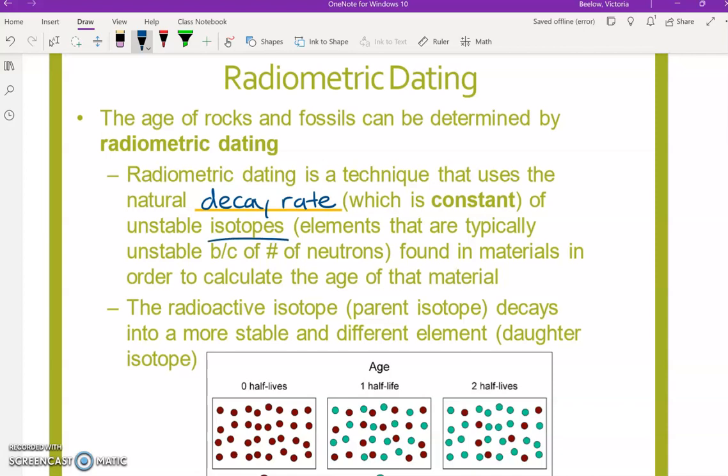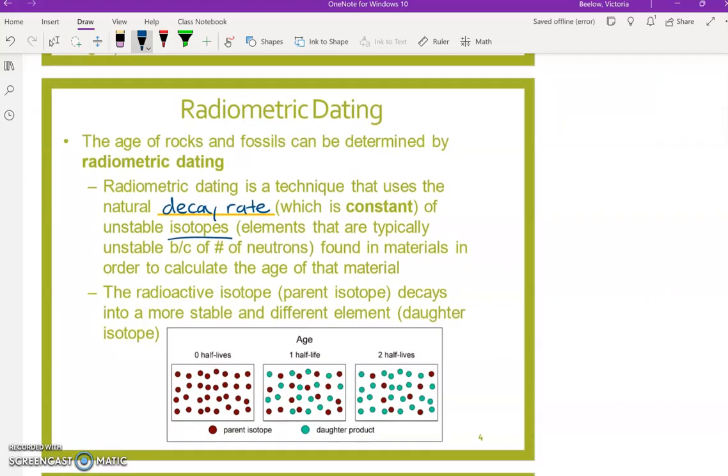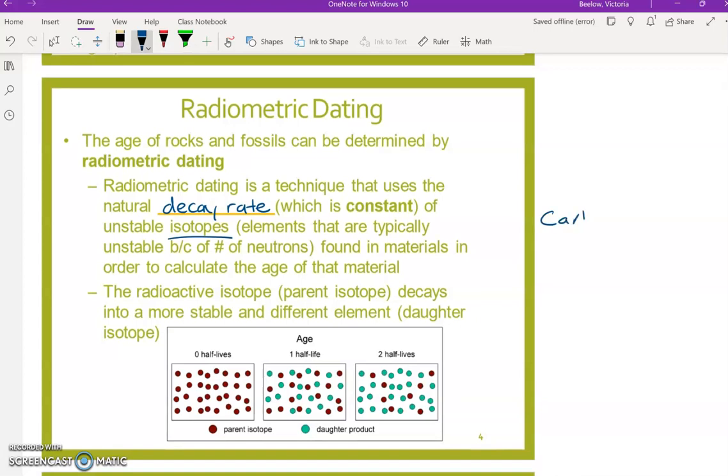These are called isotopes. So for example, carbon on the periodic table: there is carbon 14, and then we have carbon 13, and we can also have carbon 15. Now, it's still carbon, it's just that the difference between these is their mass because of the amount of neutrons that they have present in them.